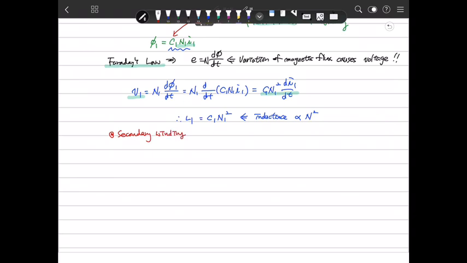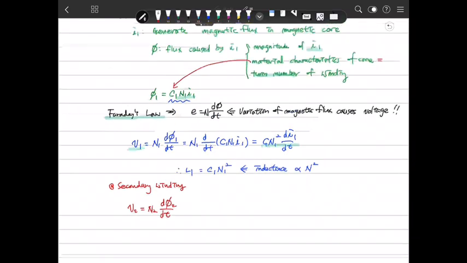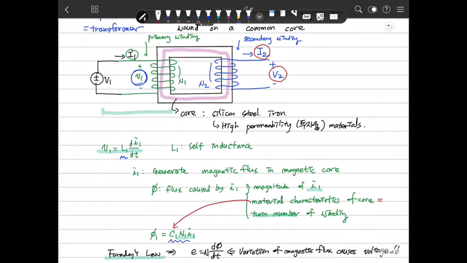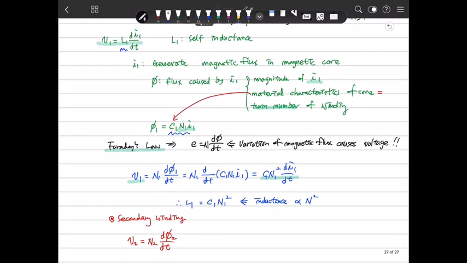So the secondary winding voltage V2 is N2 dphi2/dt. The flux generated is phi1, and the part coupled to the secondary we define as phi2.